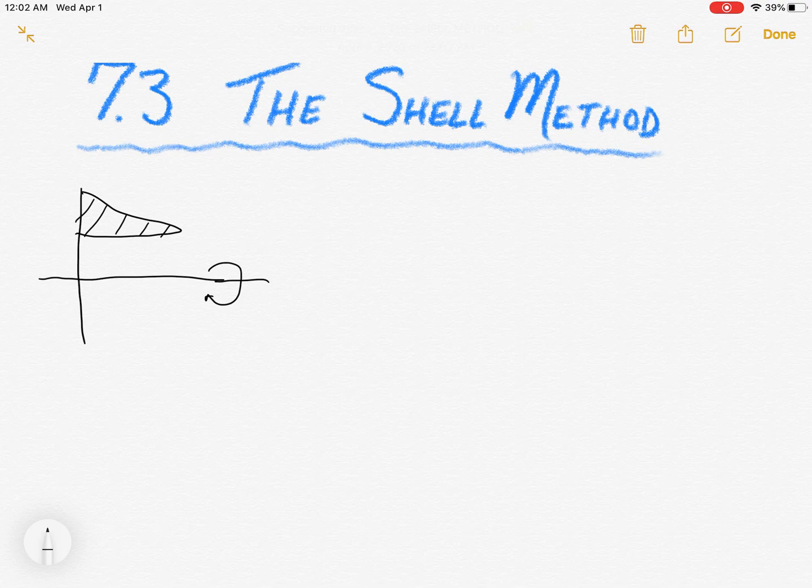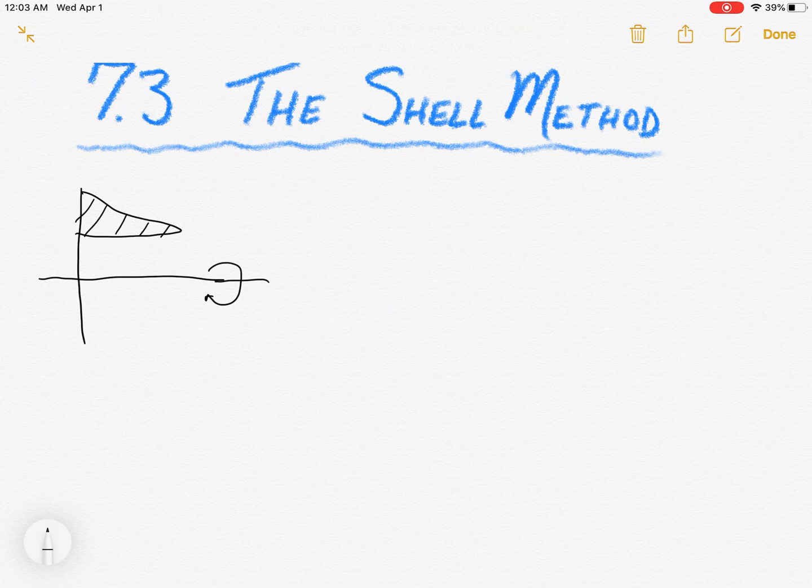It would have a hole in the middle of it, almost like a nut of some sort, with this kind of a slope side. But so if we want to find this volume, we could do this with washer. We'd have a vertical representative rectangle.